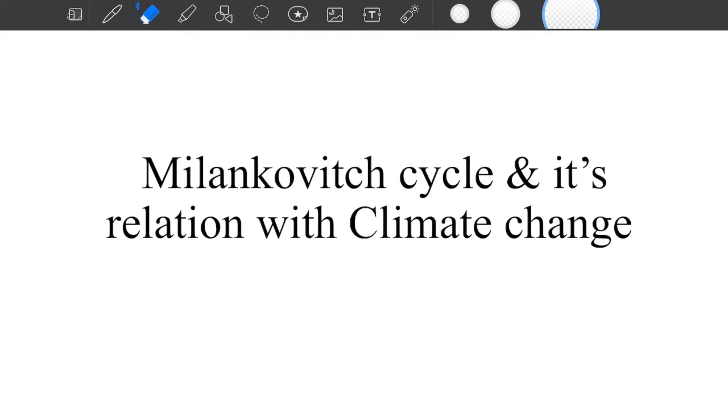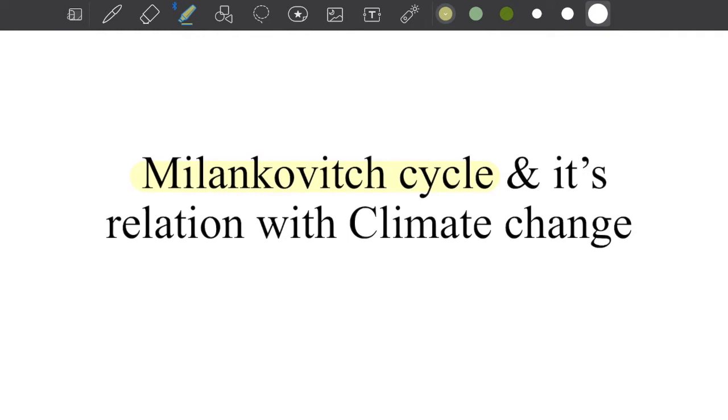So let's start. The first question over here is, what does the Milankovitch cycle mean? The Milankovitch cycle basically describes the collective effect of Earth's movement on the Earth's climate over thousands of years.